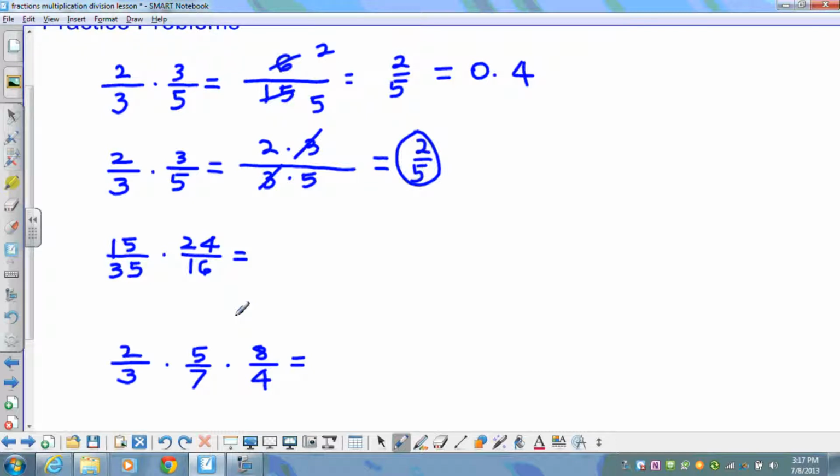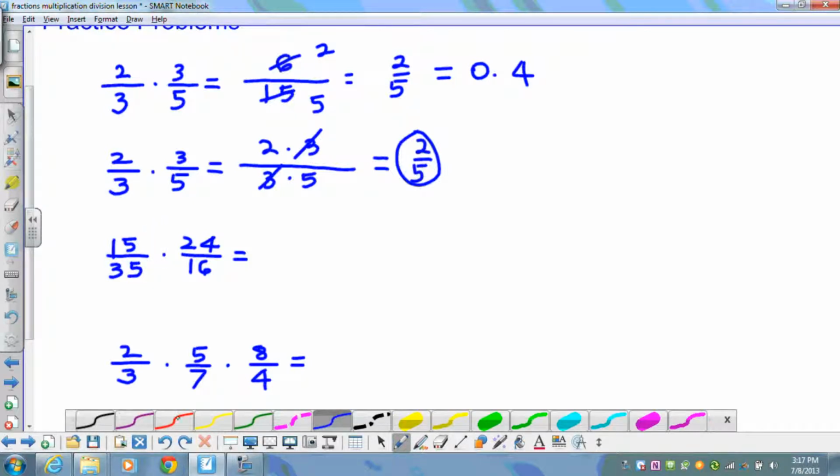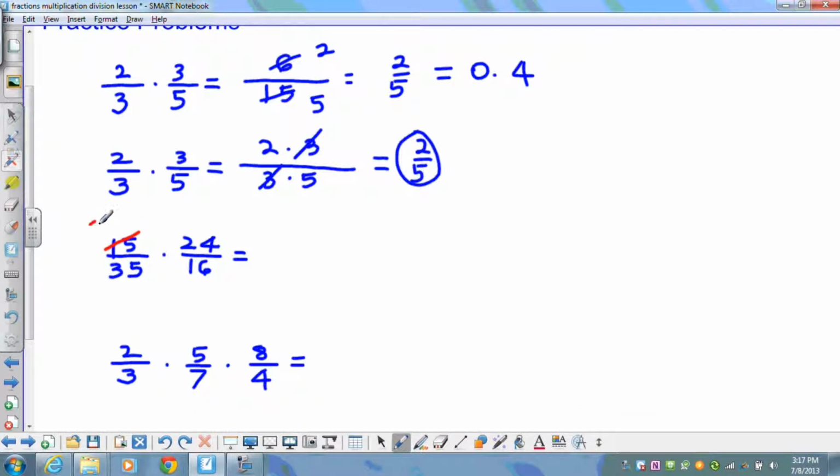So let's begin. We have 15 over 35. Let's simplify that before we multiply. 5 goes into 15 3 times, and 5 goes into 35 7 times. Then over here we have 24 over 16, and we can also reduce that one. 4 goes into both of these.